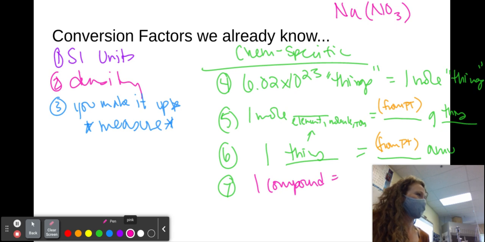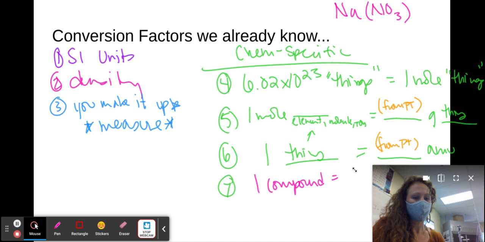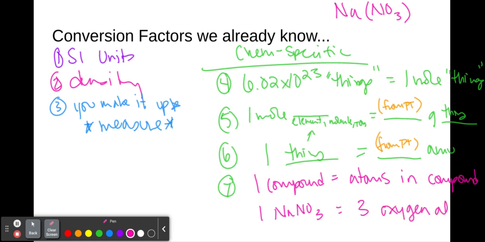I have 3. Right. So what you can do is you can go from compound to atoms in the compound. So like 1 NaNO3 equals 3 oxygen atoms.